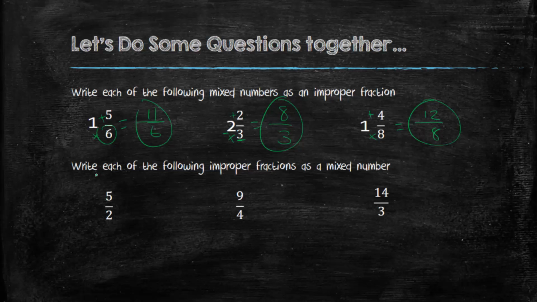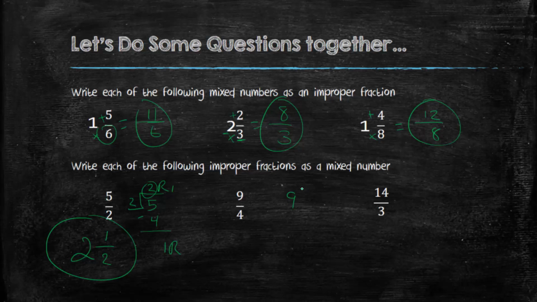Now if we were to do the reverse, write each of the following improper fractions as a mixed number. We have to divide. So 5 divided by 2. How many times does 2 go into 5? 2. 2 times 2 is 4. Do a little subtracting, that's 1. So that's a remainder of 1. So remember, the answer becomes the whole number, and the remainder becomes the new numerator, and the denominator always stays the same.